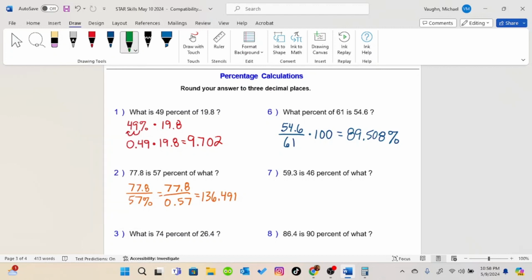Number 7. 59.3 is 46% of what? You're going to take the number they give you, 59.3, and you're going to divide it by 46%. This becomes 59.3 divided by 0.46.